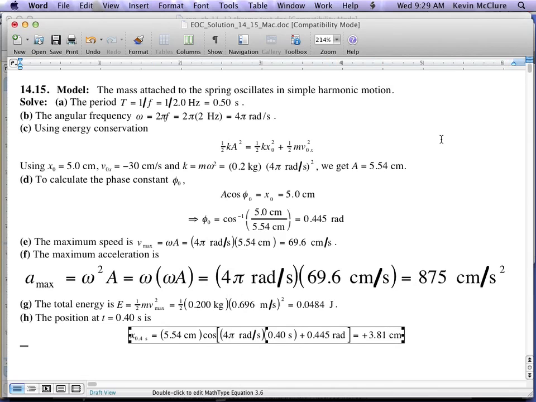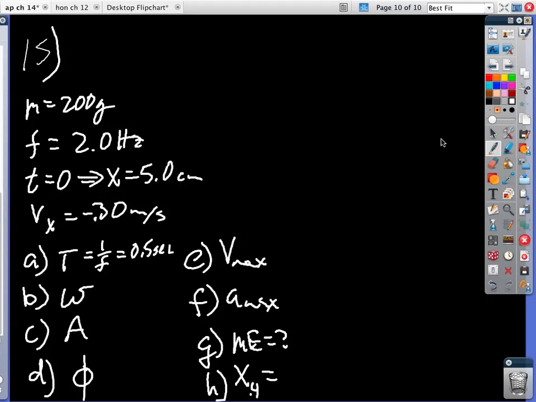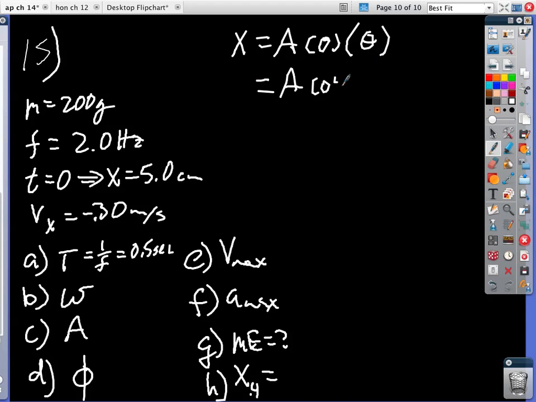Sort of. Okay, I feel like people are not clear on that, so let me just revisit it for a moment. Remember that we said x is A cosine theta, and then we said it's A cosine omega t, and then A cosine(omega t plus phi).